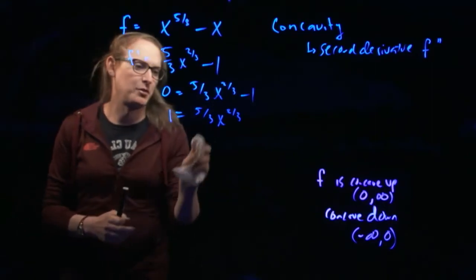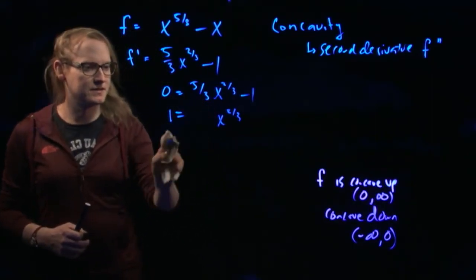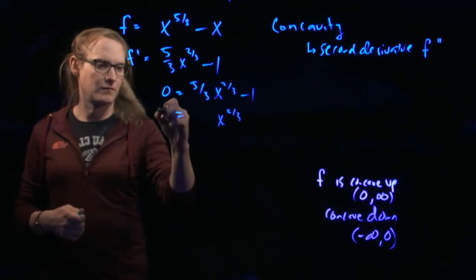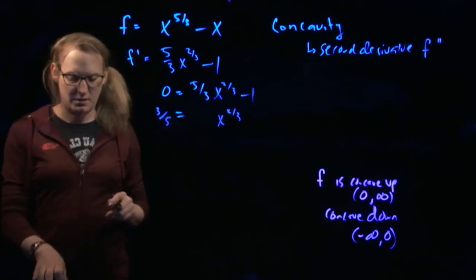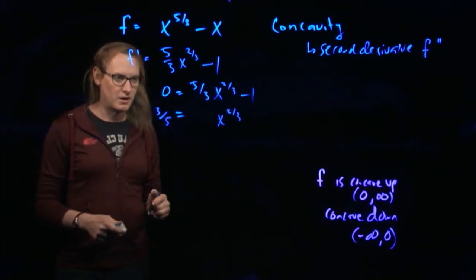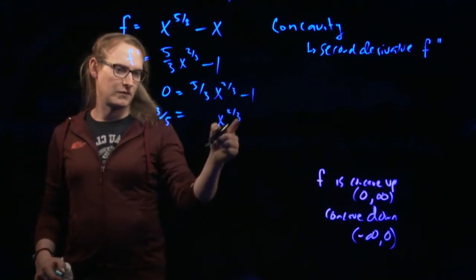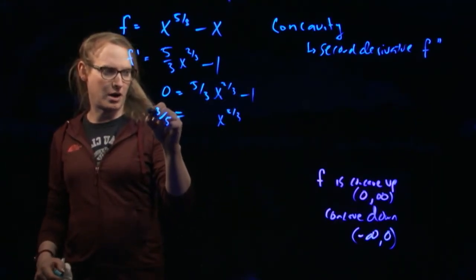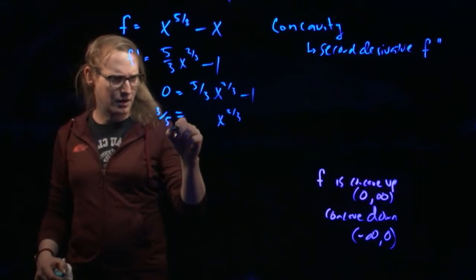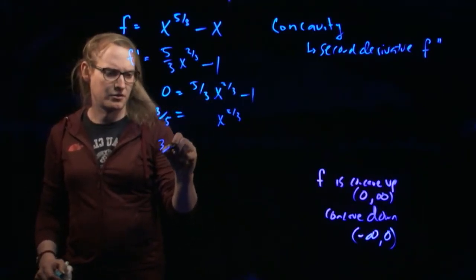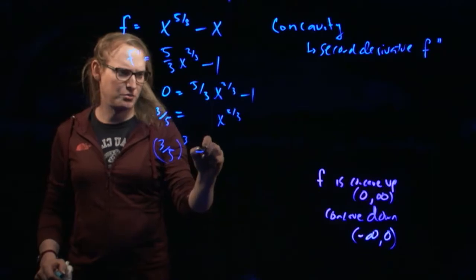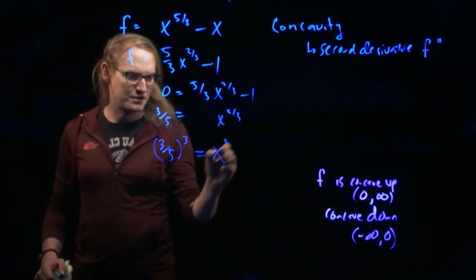So 1 is 5/3 x to the 2/3. How about we multiply by 3/5 to clear that? And now let's take this to the third power. I'll do this on the next line. 3/5 cubed is x squared.